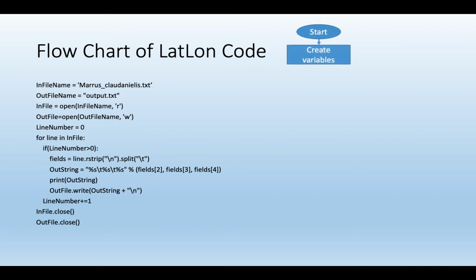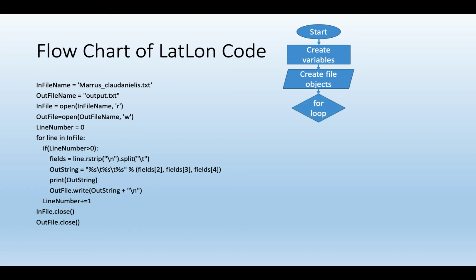If we think about how we're going to start diagramming this code, we can start with creating variables here, such as the in file names and the out file names, as well as line number. We then create our file objects such as in file and out file, and these will be the way that we'll both read data in and write data out.